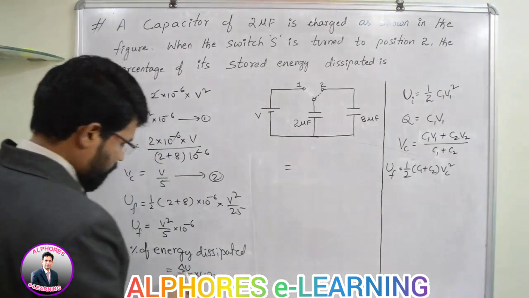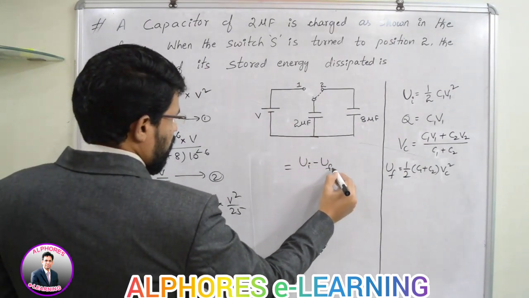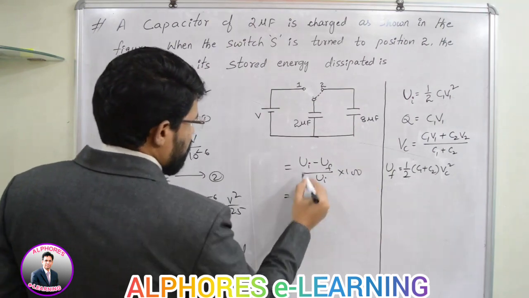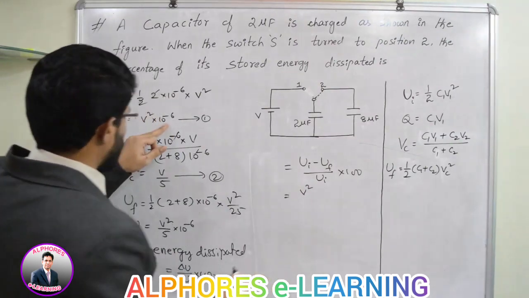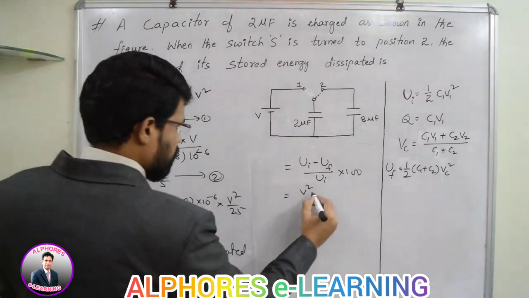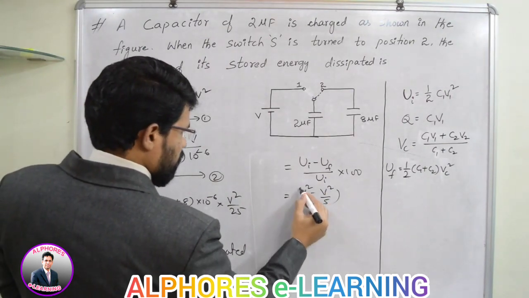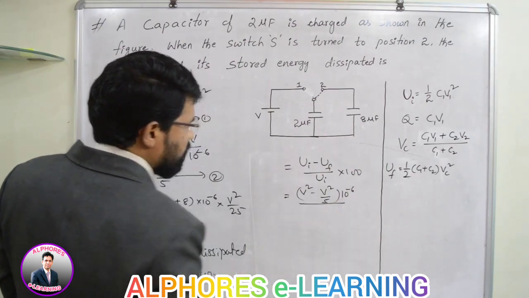That is equal to the change in energy, which is Ui minus Uf, divided by the initial energy Ui, into 100. Ui is what? Just now we have derived V square into 10 power minus 6. In Uf also you have 10 power minus 6. I will write it outside: minus Uf, V square by 5 into 10 power minus 6, divided by Ui.